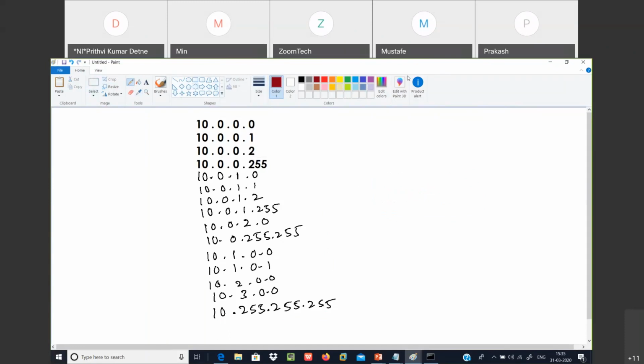Here, our participants, how many participants do we have? Almost 16, right? Now all are Zoom students, right? How can we identify a Zoom student, based on what? ID card.